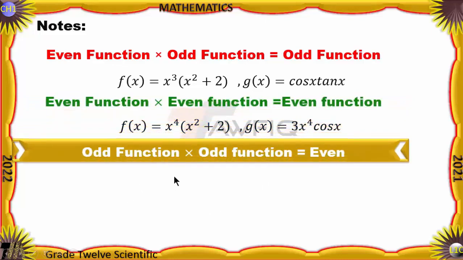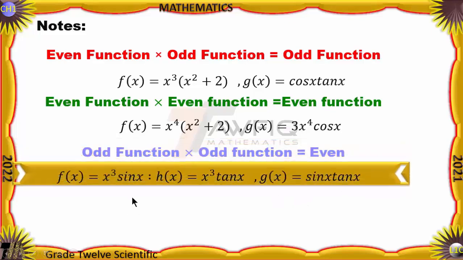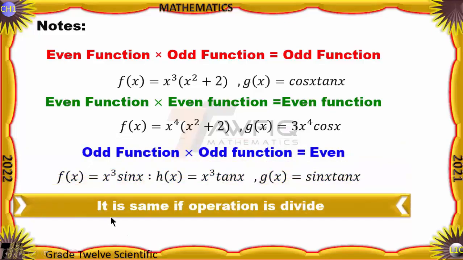Odd function times odd function is an even function. f(x) equals x cubed times sine x is an even function. x cubed times tangent x is an even function. Sine x times tangent x is an even function. It is the same if the operation is division.